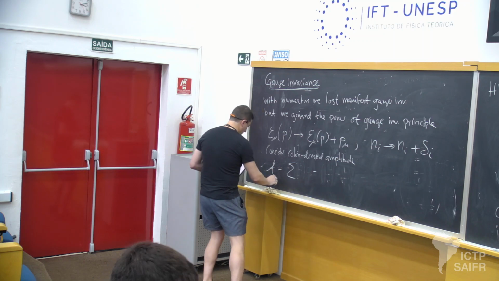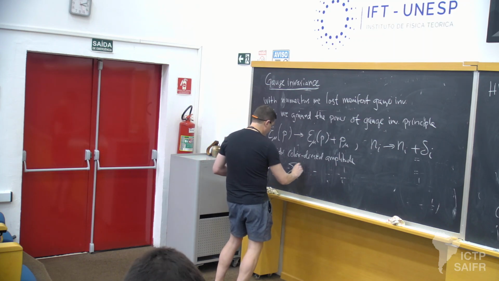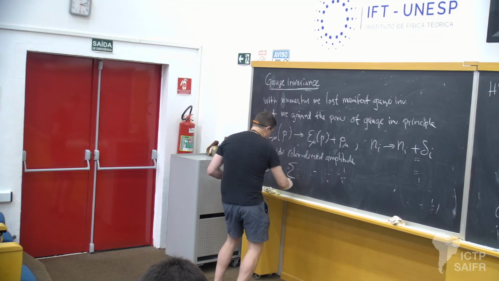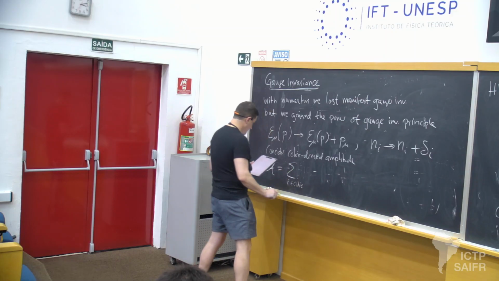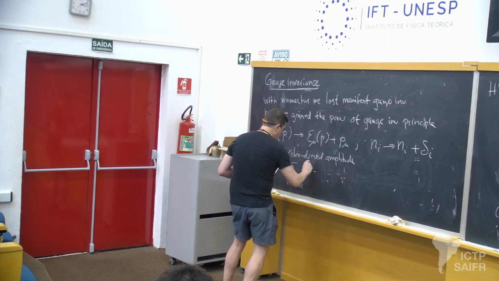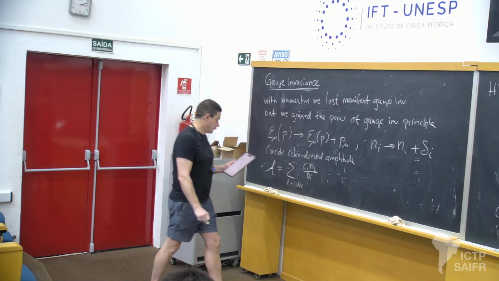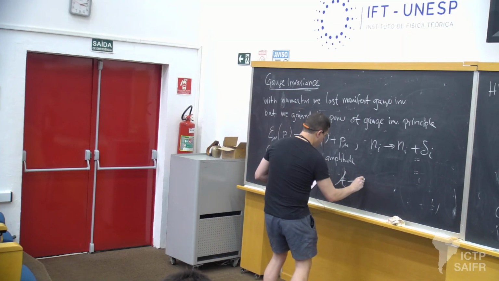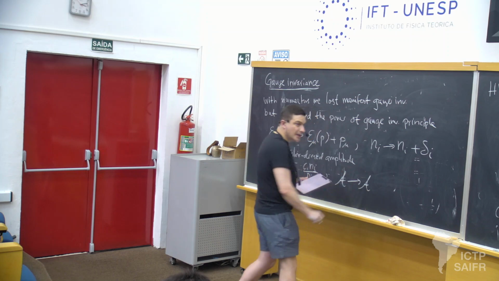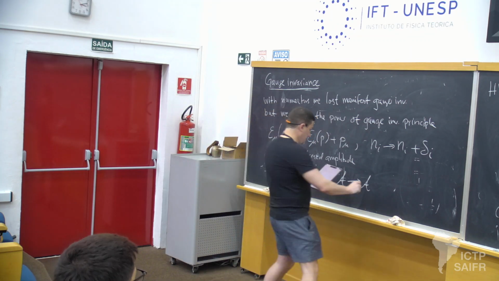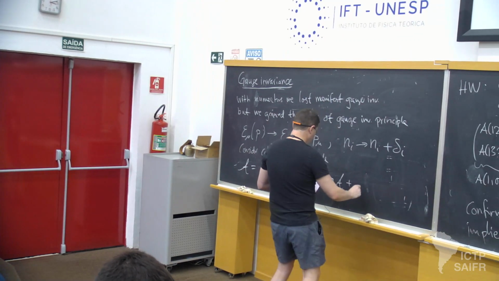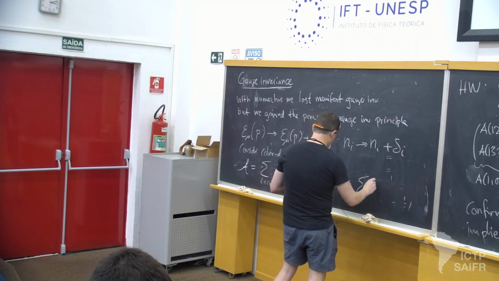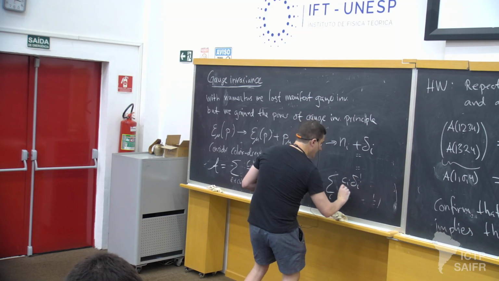My color-dressed amplitude is just a sum of cubic diagrams, or graphs, and then it has color factors, numerators, and denominators. That's before transforming it. After transforming it, it becomes itself plus this contribution from the shift, which is basically the sum over I of C_I delta I over D_I.